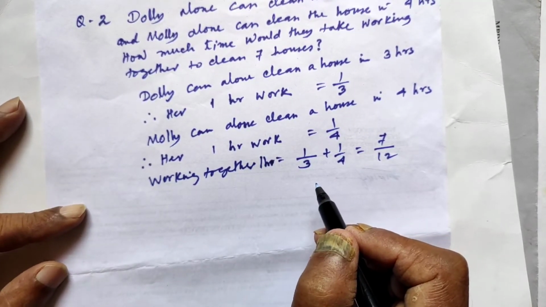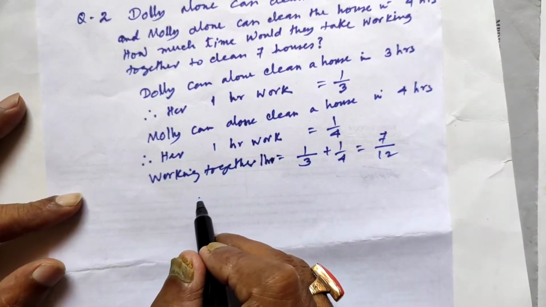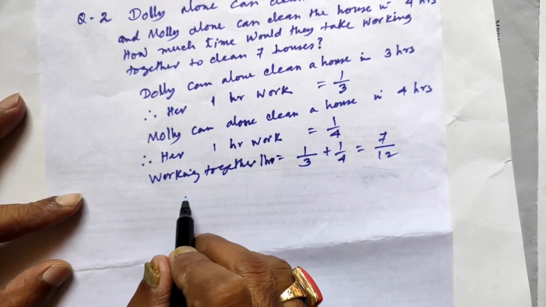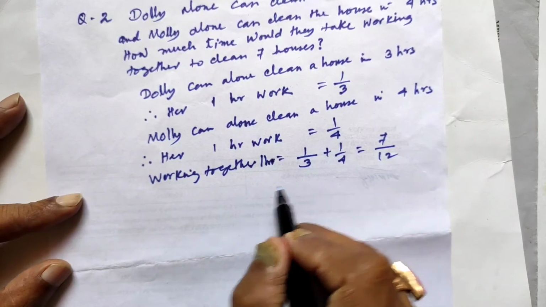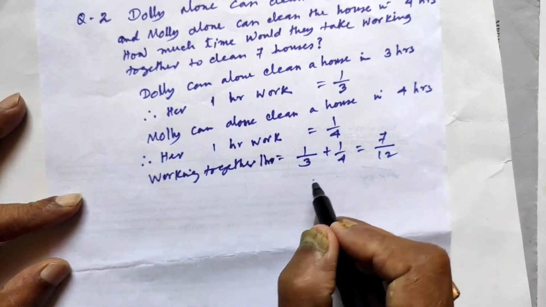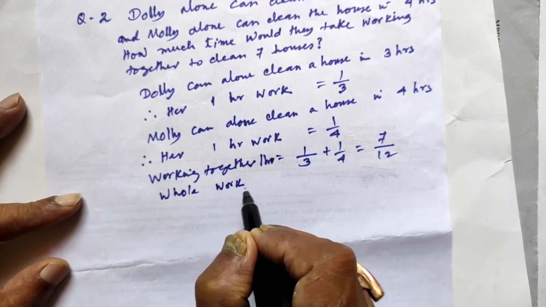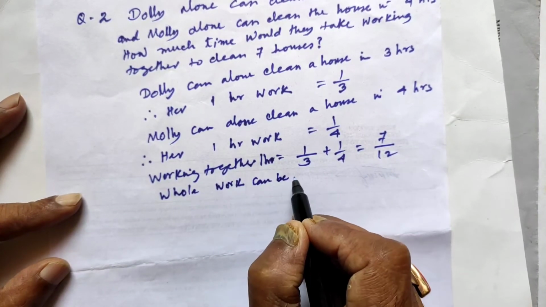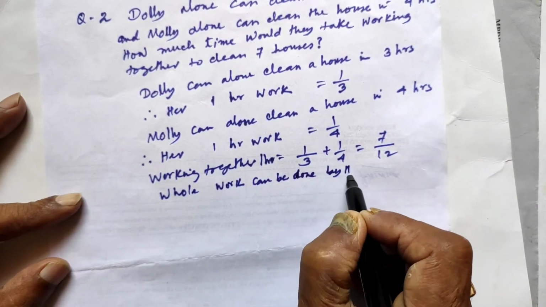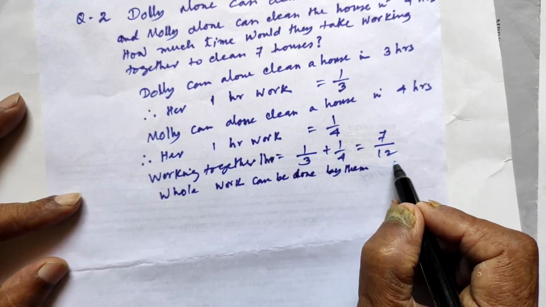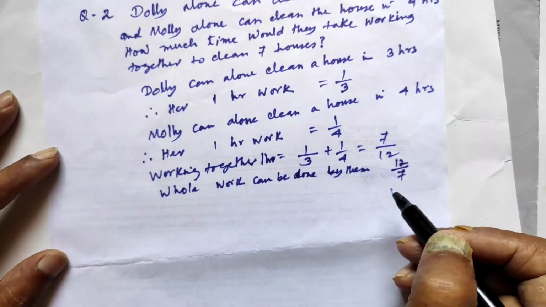So together, the whole work can be done by them in 12 by 7, that is the reverse.